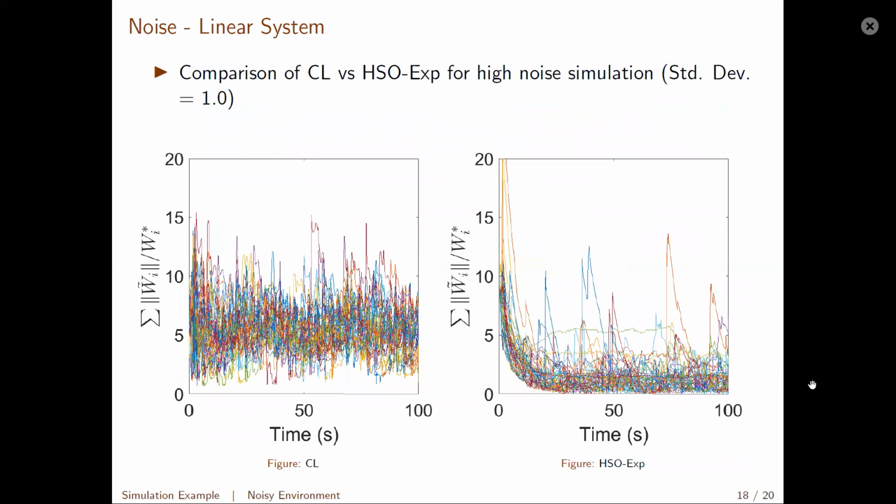This is a graphical representation showing the exact same information for the high noise situation, with a standard deviation of 1. The left is the concurrent learning method, the standard IRL method, and the one on the right is the observer formulation for the history stack observer. As you can see, the errors are significantly less in this noisy situation for the history stack observer compared to the standard concurrent learning IRL method.